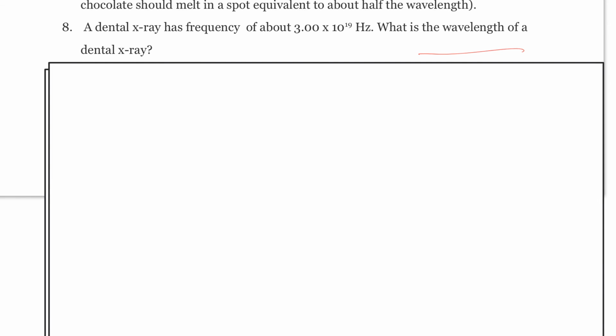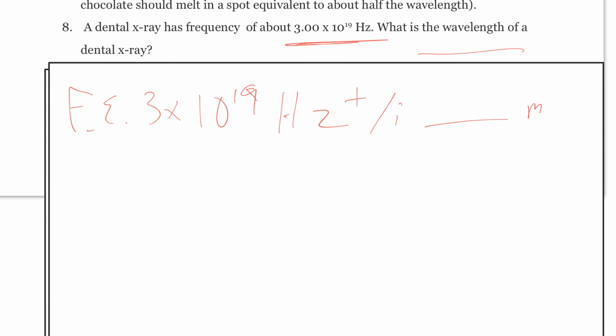So a dental x-ray has a frequency of about 3 times 10 to the 19th hertz. And we want to know the wavelength, blank meters. Okay, so 3 times 10 to the 19th hertz.